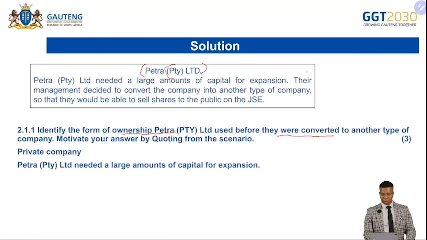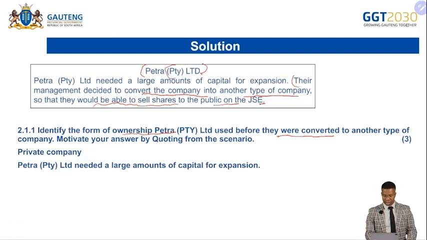Remember the scenario I was telling you, that their management decided to convert the company into another type of company so that they would be able to sell their shares to the public on the JSE. So it means they wanted to move from being a private company to a public company. So you need to read your questions and understand.